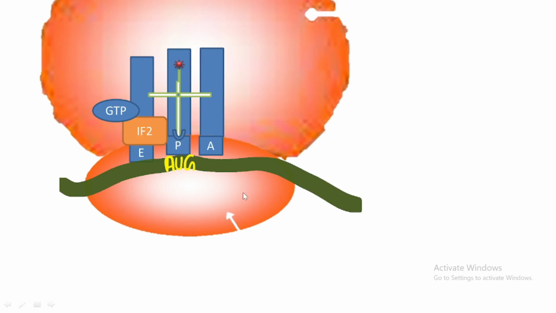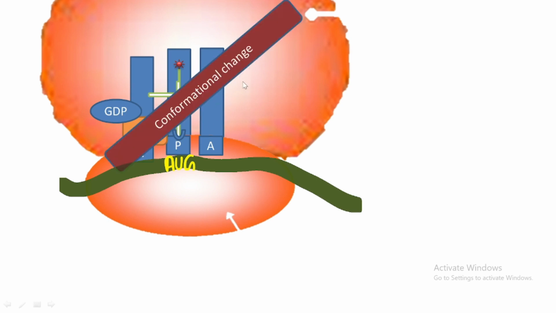Then the GTP attached to initiation factor 2 is hydrolyzed, releasing one phosphate group, and it becomes GDP. That means some energy is generated, and as a result a conformational change happens, and because of that, initiation factor 2 is also released from the subunit.